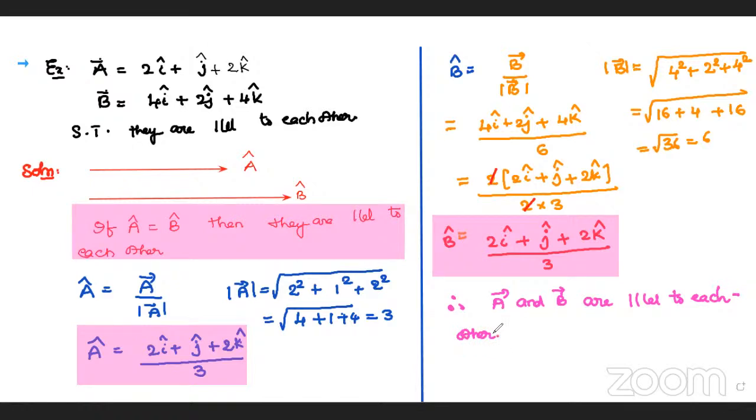So henceforth, they are parallel to each other. This kind of model I actually gave as homework to you all. A cap equals b cap.